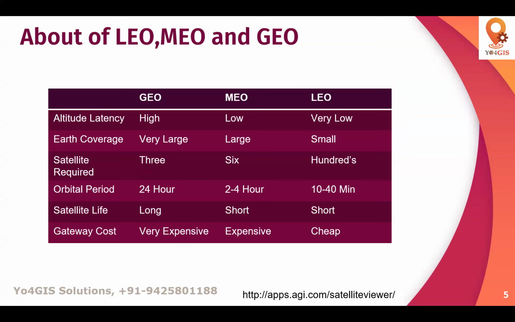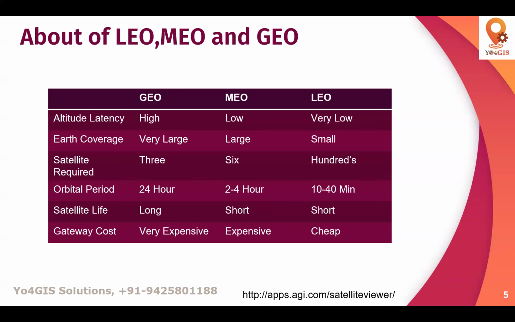The altitude and latency of GEO is very high, MEO is low, and LEO is very low. Earth coverage: as you know, whenever you go higher, we can cover more area.